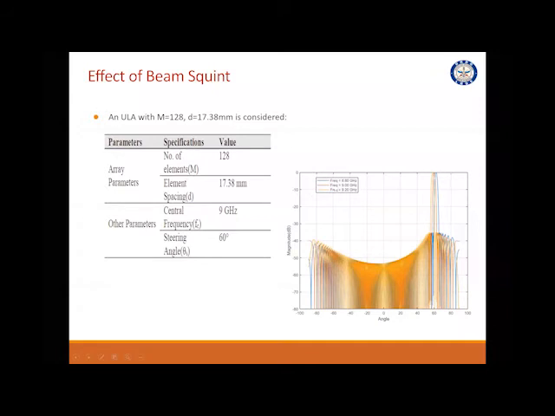I hope you are able to see this. But the moment the frequency of operation varies slightly to 8.8 or 9.2, there is a variation. This is called the squint effect. This cannot be permitted. We cannot allow this to happen in a radar system. We have to come out of this even with the wideband.